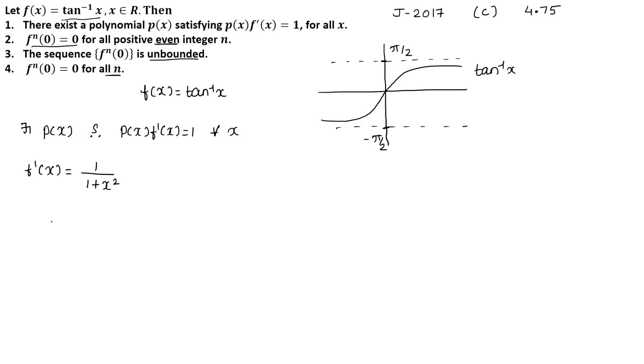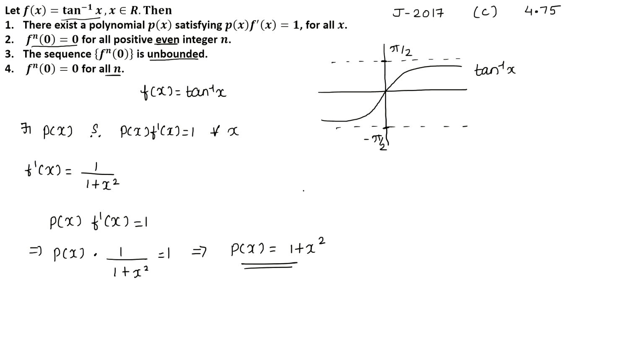So we have to find whether there exists a polynomial p(x) such that p(x) times 1 by 1 plus x square equals 1, and that gives p(x) equal to 1 plus x square. So we have a polynomial 1 plus x square such that p(x) f'(x) is equal to 1. Therefore option 1 is true.